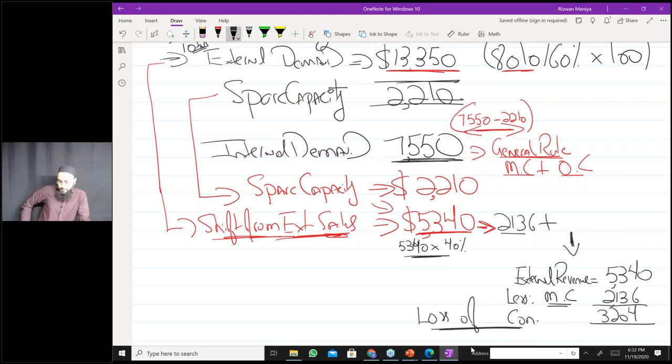It's my opportunity cost, because right now I have shifted this towards the internal division because of the group policy. So I will now incur the loss of 3240, and I will charge this loss to the internal division, because this is the general rule, which says marginal cost plus opportunity cost.